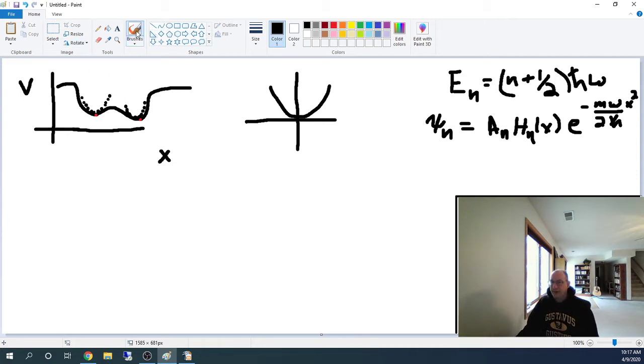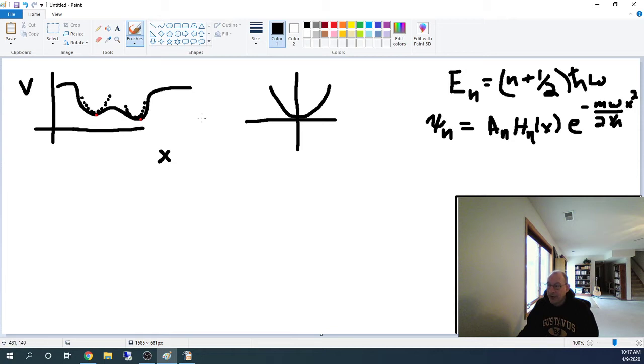The other thing to consider here then also is the following. So if an electron is in a bound state, what the harmonic oscillator problem says is that there's a ground state of that bound state, and then there's excited states of the bound state. The ground state is when n is equal to 0, and the first excited state is when n is equal to 1, and the second excited state is n equal to 2.